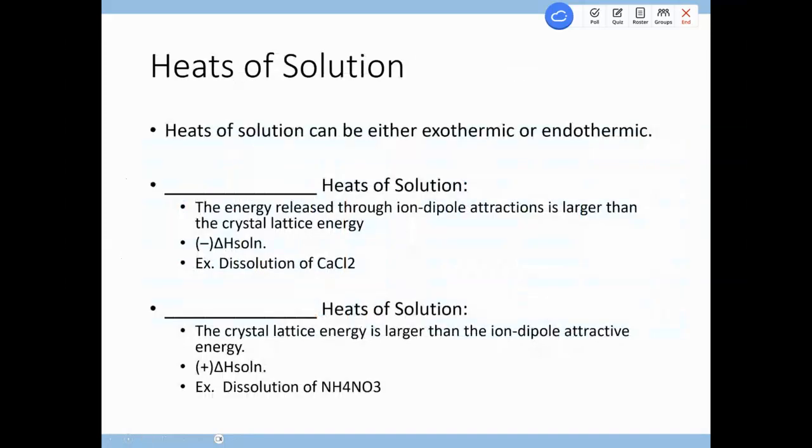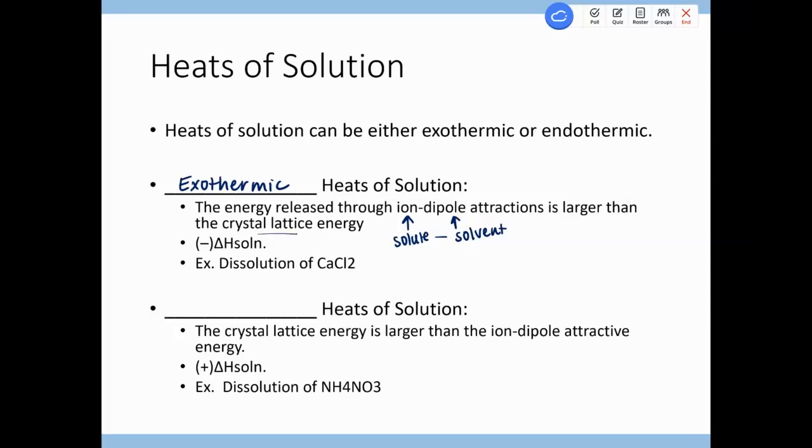Let's just put some words to this now. So an exothermic heat of solution means that the energy released through ion-dipole attractions, these are solute-solvent interactions, is larger than the energy required, which would be the crystal lattice energy.